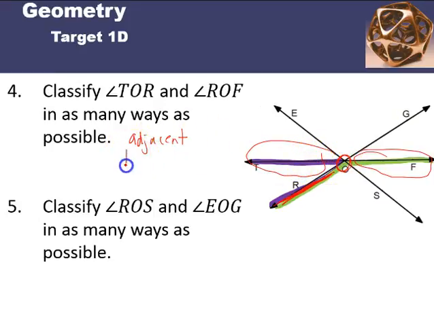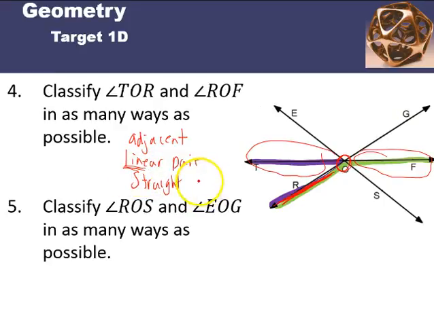That makes it a linear pair. And what word do you recognize in linear? Line. So they make a straight line, and a line is 180 degrees.